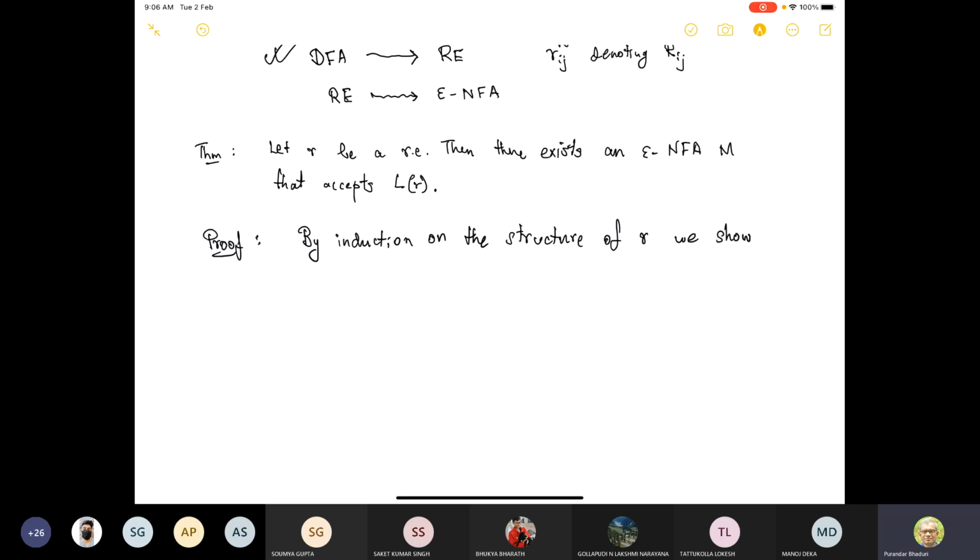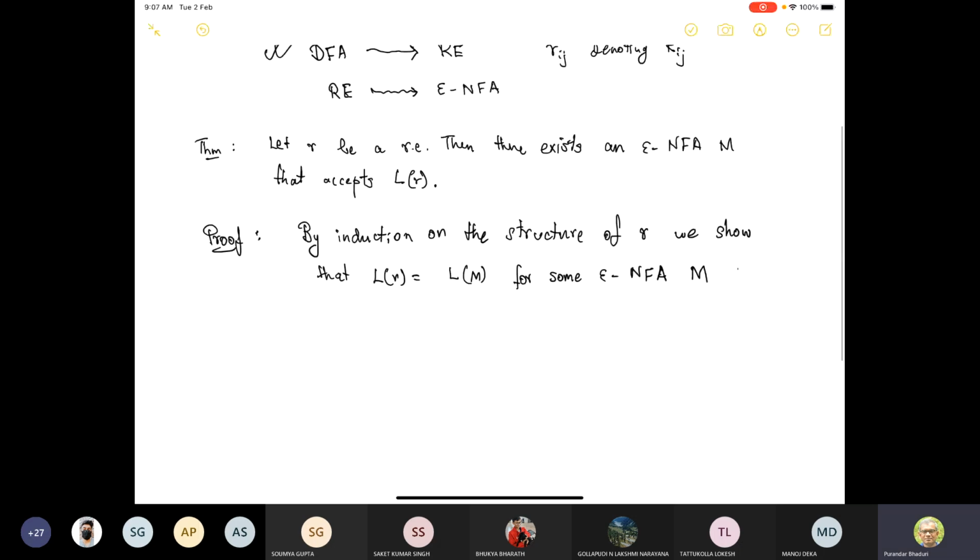We show that L(R) equals L(M) for some epsilon NFA M, which has some additional properties, which satisfies the following properties.